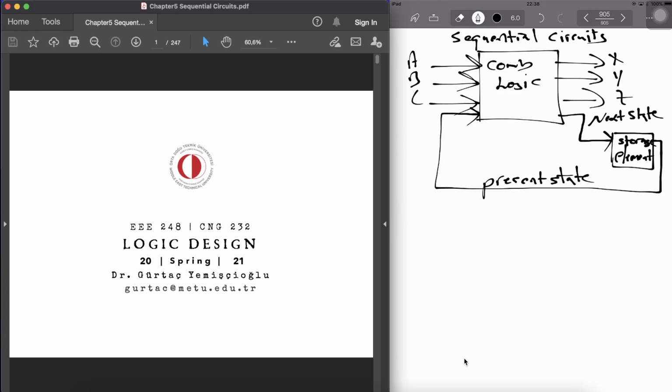The next state of the storage element also depends on the inputs and the past activity. In total, the time sequence of inputs, internal states, and outputs defines a sequential circuit.